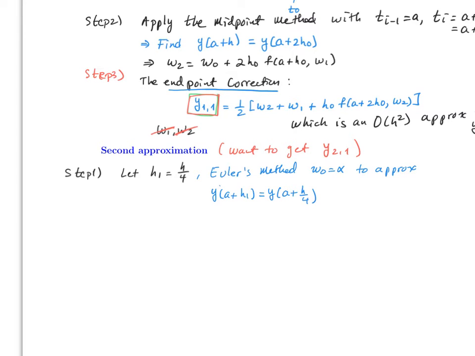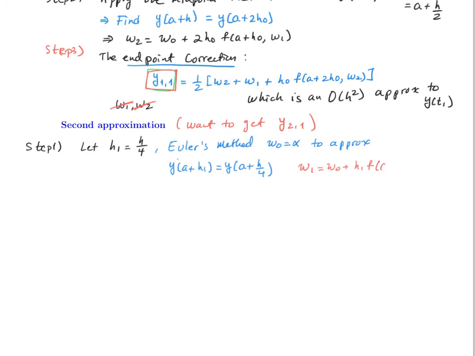And remember, the approximation, if you use Euler's, is going to be w1 equals w0 plus h1 times f of a, w0.